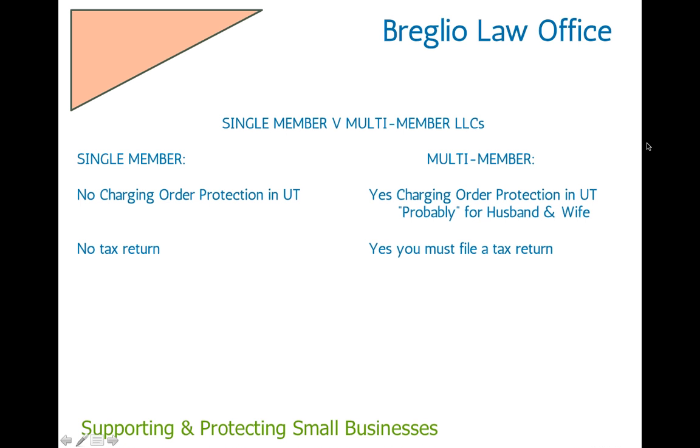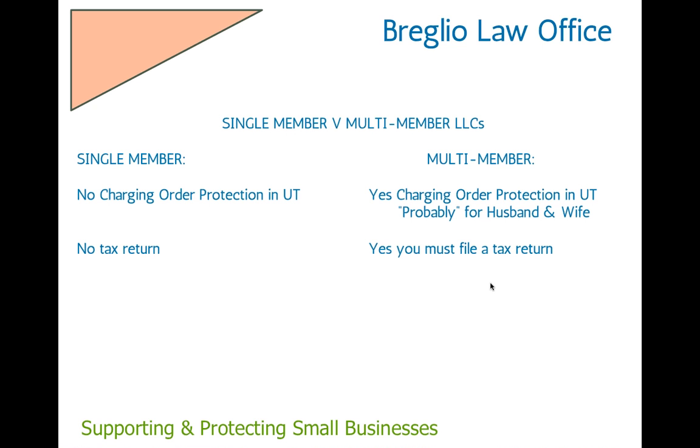Now, there's a question about husbands and wives. Is a husband and wife considered a single person or partners? The true answer to that is we don't really know. In the state of Utah, the statute does not define a husband and wife as a single member LLC.